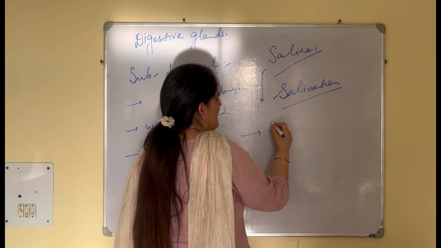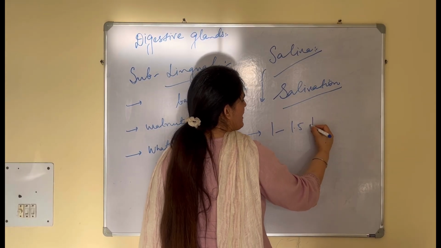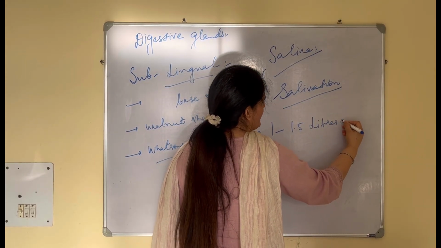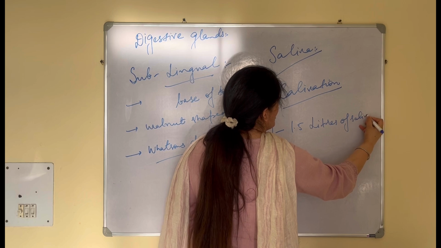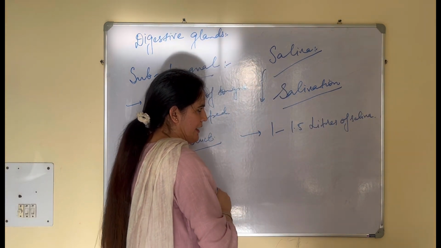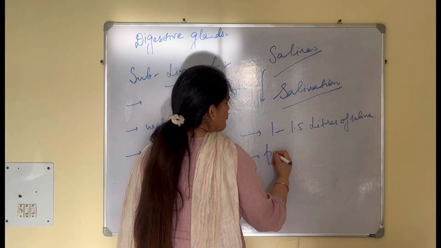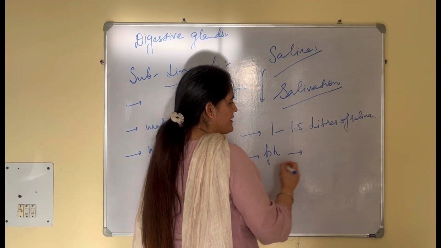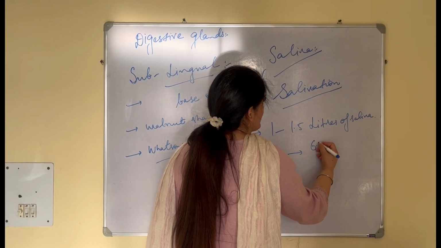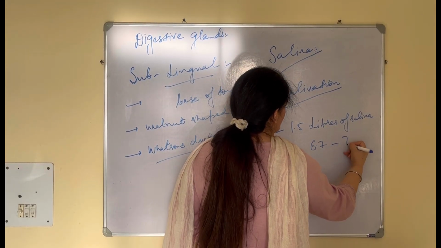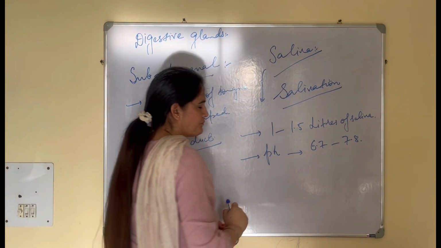Daily, 1 to 1.5 liters of saliva is produced in our buccal cavity, and the pH of this saliva is 6.7 to 7.8.